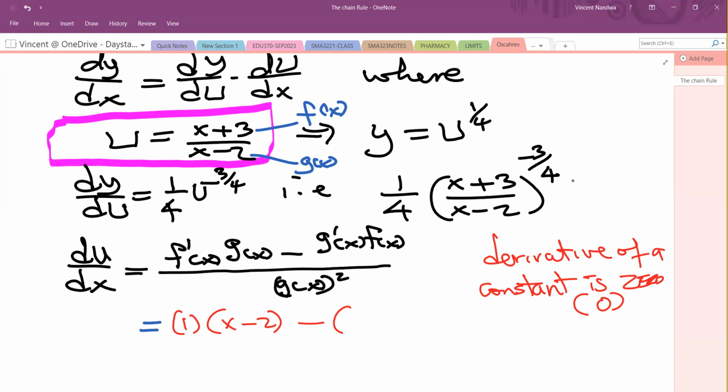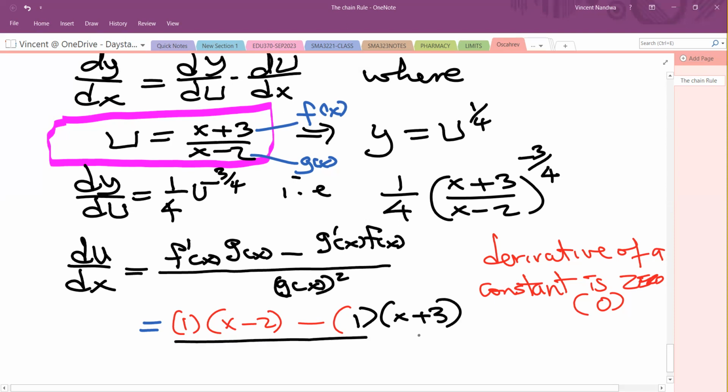Sasa 1 minus 0 inakupatia 1. Sawa? Good. Then times f of x, which is x plus 3. Then g of x squared. Hapo chini ni x minus 2. Then we square it. Okay?